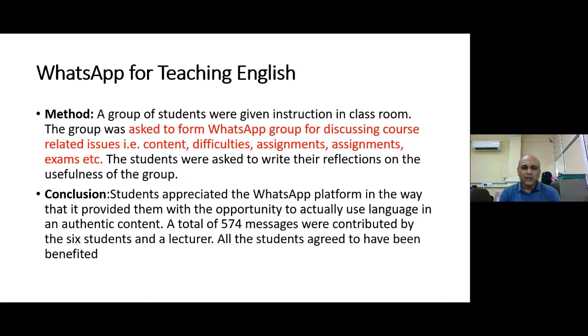The group was asked to form a WhatsApp group for discussing course-related issues, content, difficulties, assignments, exams, etc. And students were asked to write their reflection on the usefulness of the group. This allowed students to interact in an informal way about every aspect of course content and other difficulties that they were facing.